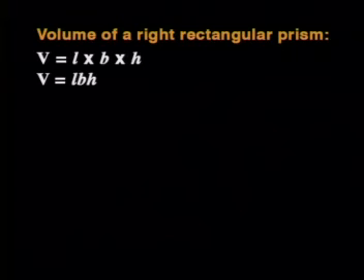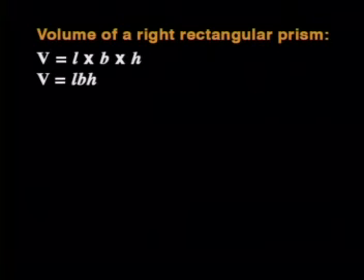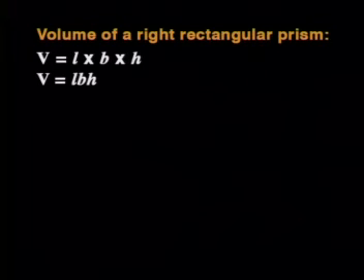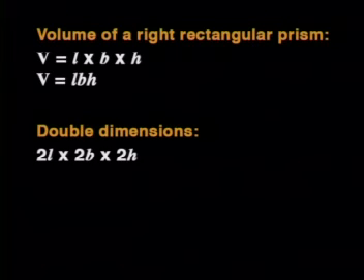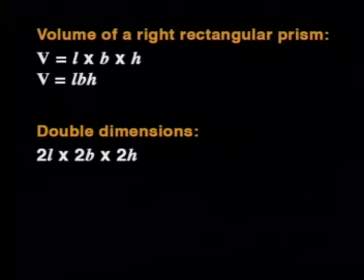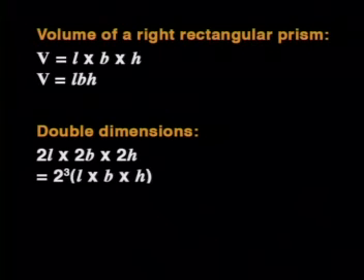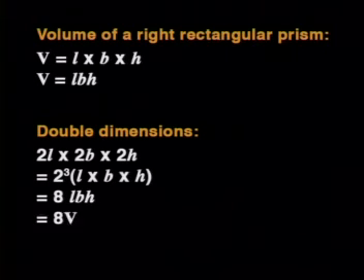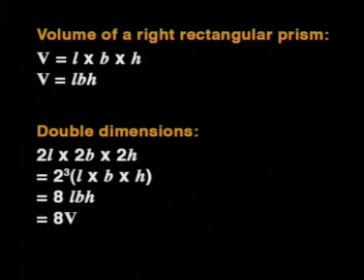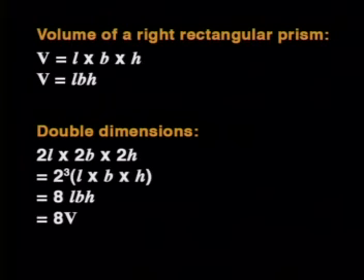So we get V equals L times B times H. If we double the dimensions, we will get 2L times 2B times 2H. That is 2 cubed times LBH, or 8 times LBH. So we have 8 times the volume when we multiplied each dimension by 2.